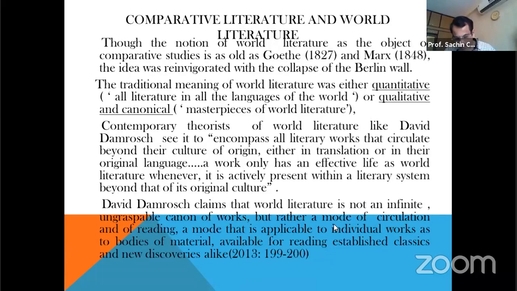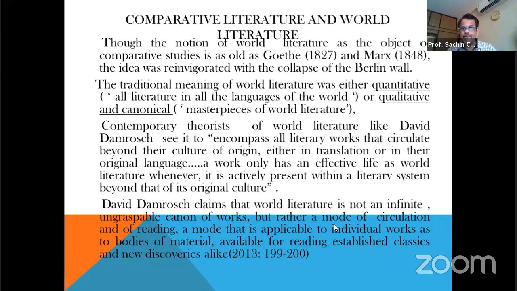Now let's look at the more recent contemporary developments in comparative literature. One of the most important developments is the notion of world literature. Now, the idea of world literature is as old as Goethe and Marx, and the idea was reinvigorated with the collapse of the Berlin Wall in 1989, because somehow we started thinking of the world as an interconnected, globalized space, the global village, as the cliche goes.